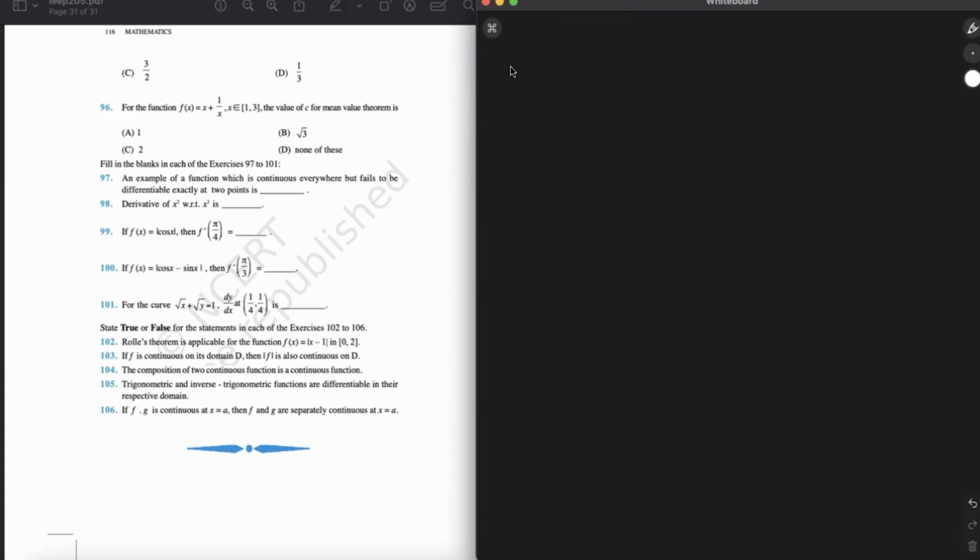So first of all, question number 102. Rolle's theorem is applicable for the function f(x) = |x - 1| in [0, 2].